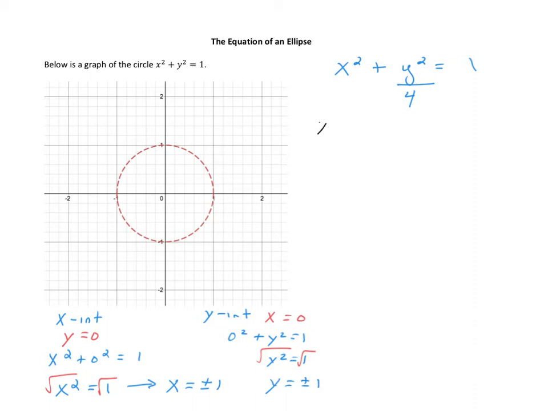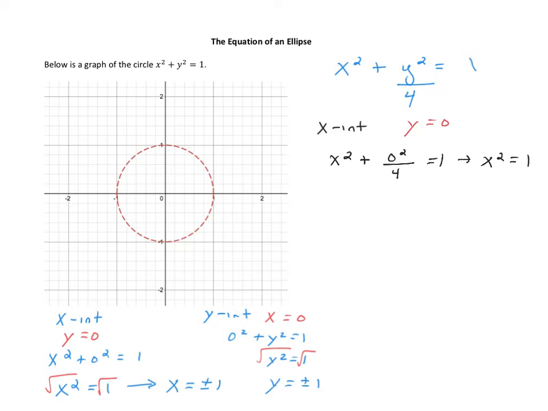x-intercepts. If you want the x-intercepts on this new equation, you take the same approach. You would still let y is equal to 0, and you're going to solve for x. When you do that, you get that x squared plus 0 squared over 4 is equal to 1. That's the same thing as x squared is equal to 1.